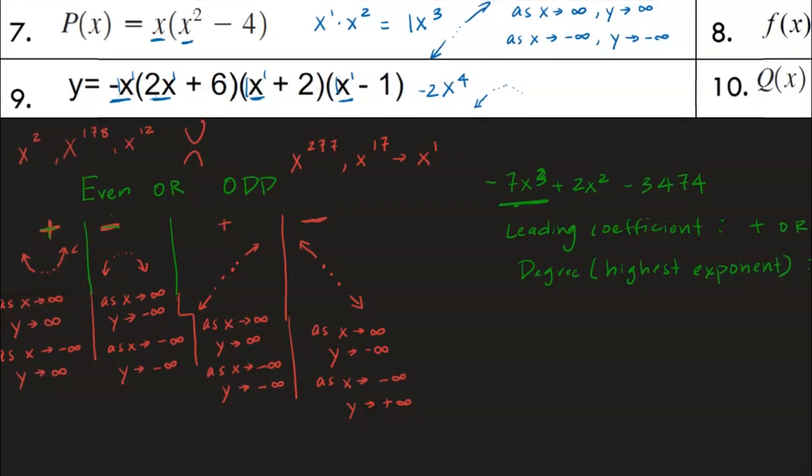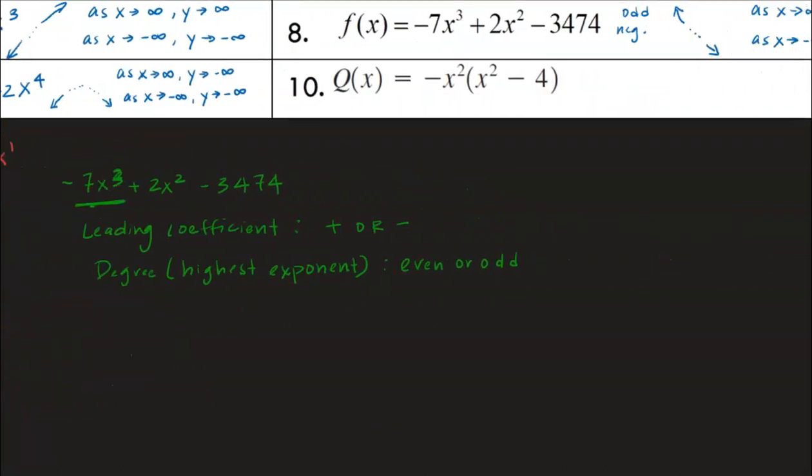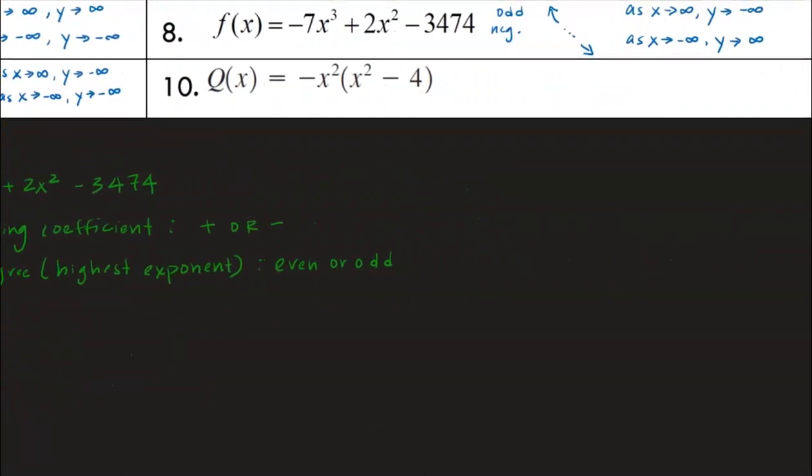It's going to look like that. So as x approaches positive infinity, y approaches negative infinity. As x approaches negative infinity, y approaches negative infinity. Okay? Good job.